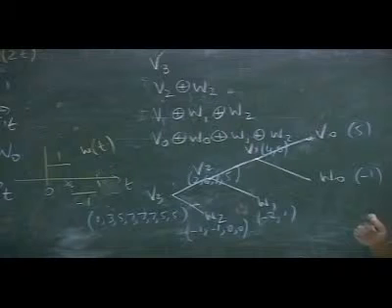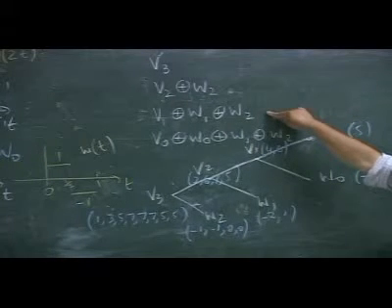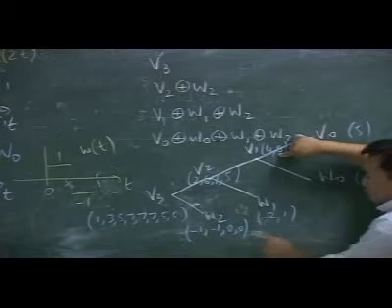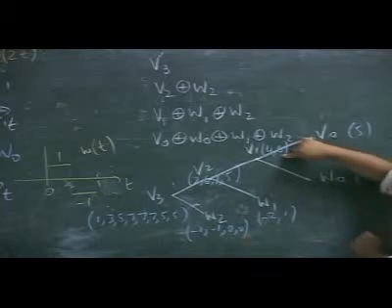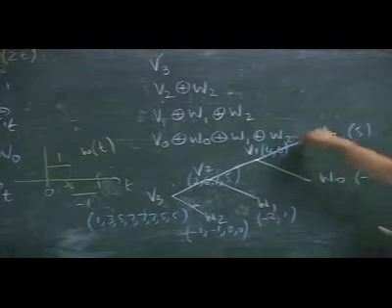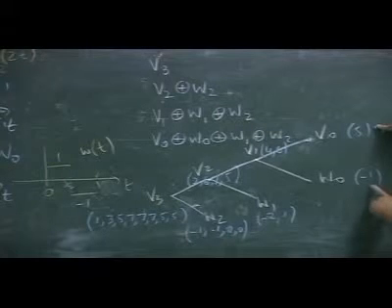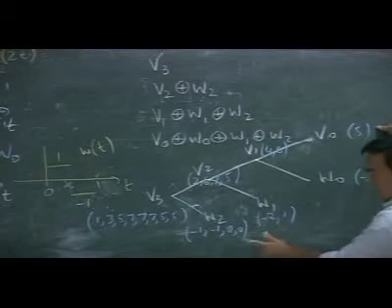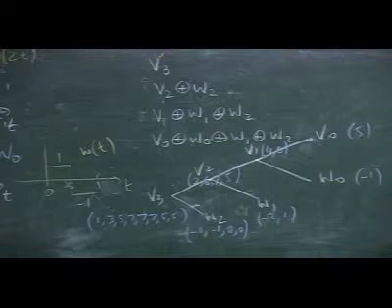If you use the third choice, V1 and these two guys, 2 plus 2 is 4, 4 plus 4 is 8. They all have 8 coefficients to choose.